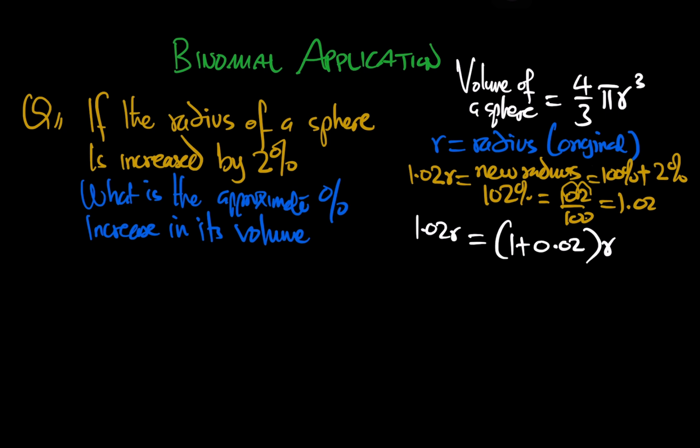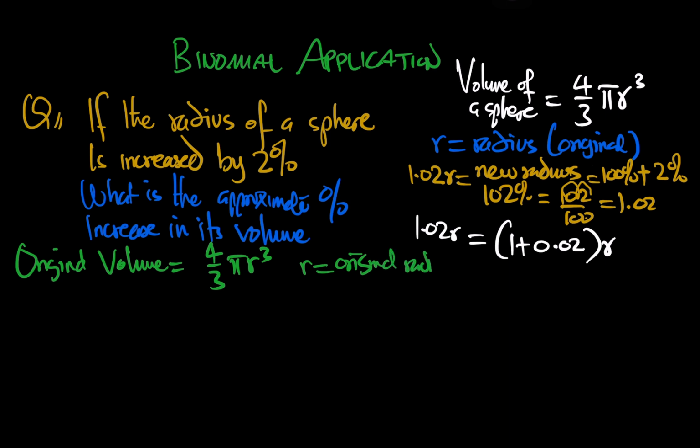We can write it like that, so that the new volume, we know that our original volume is 4 over 3 pi r cubed, and r is the original radius. Now, what will be our new volume if our new r is actually 1.02 r?